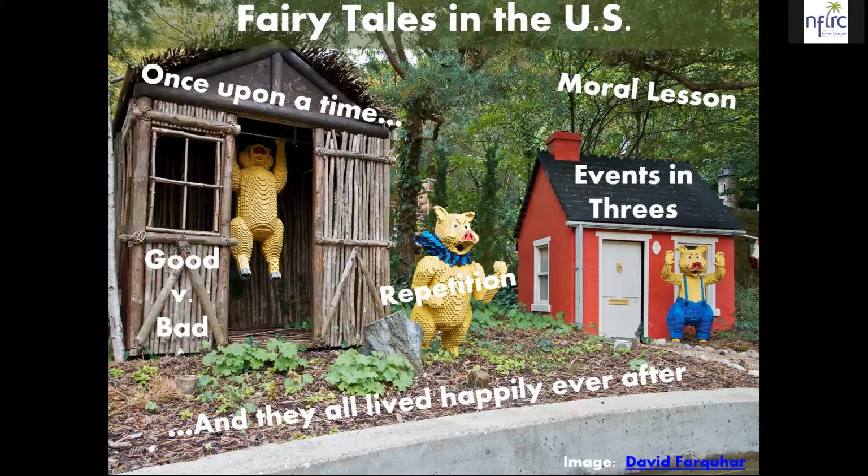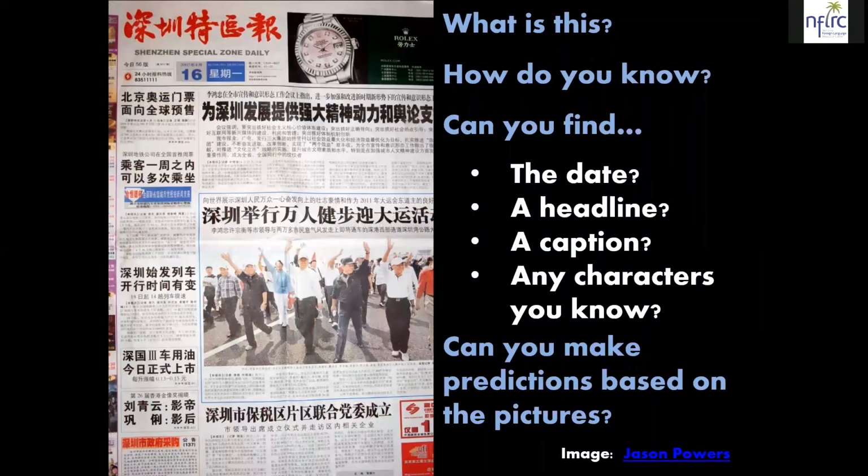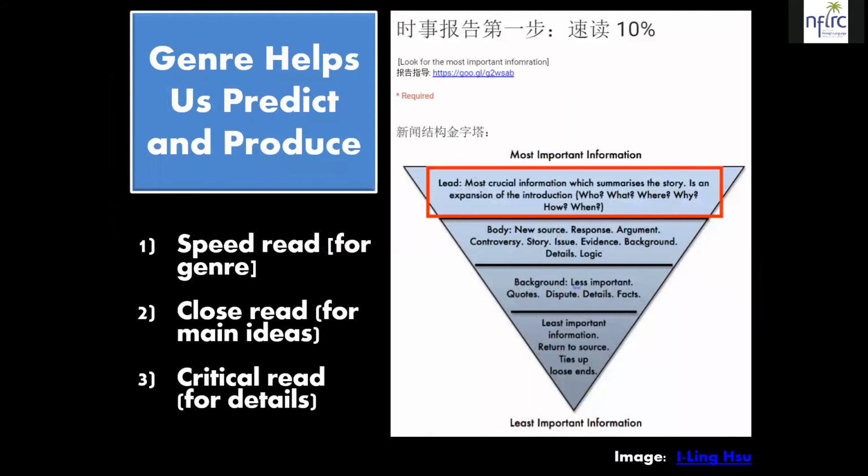So I might start in beginning level classes with simple activities that get my students paying attention to genre with guiding questions. And then I can use those activities to help students progressively gain more information from the text. So this is an activity developed by one of our participants from last year's project-based language learning Summer Institute.